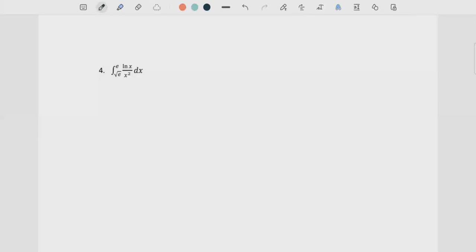Right, so the next question is asking us to find the integral between the square root of e and e of ln x over x squared dx. Now, this one here, obviously we can see that we can't simplify this any further, right?